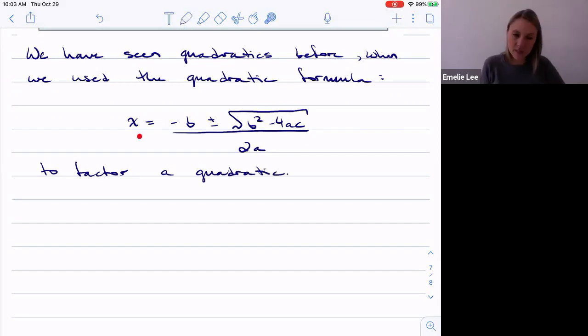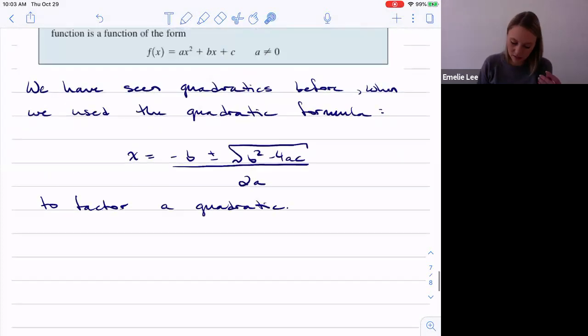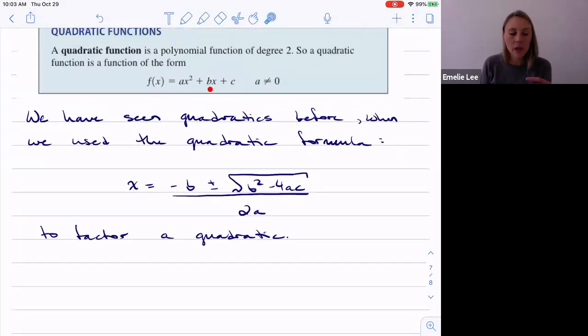This tells us the zeros, right? What values of x make this thing equal to 0.